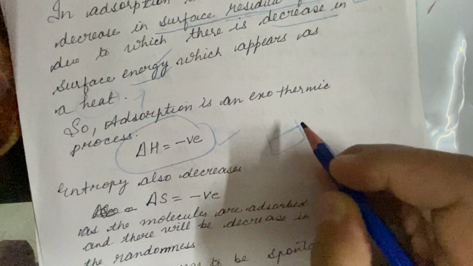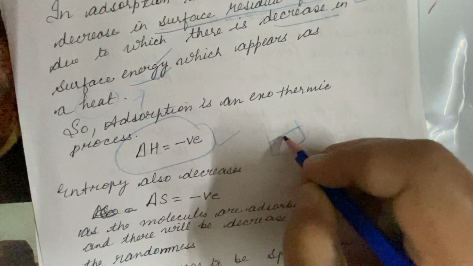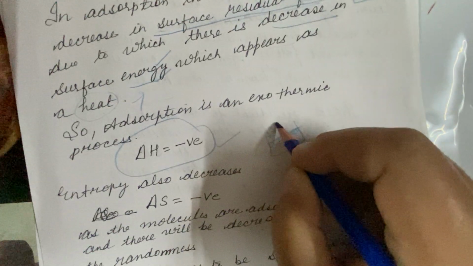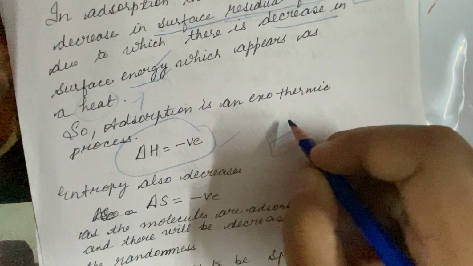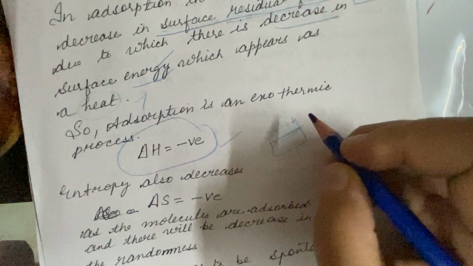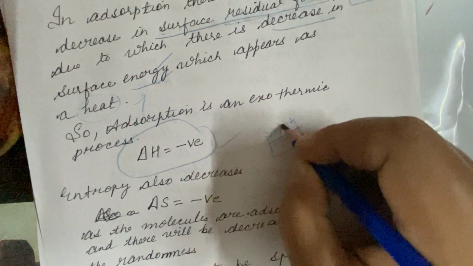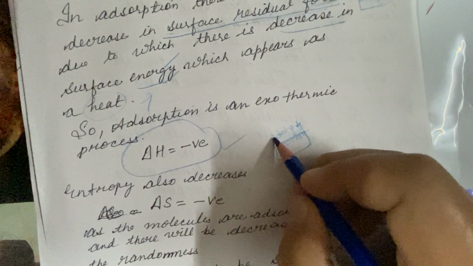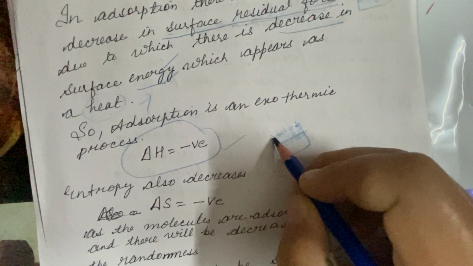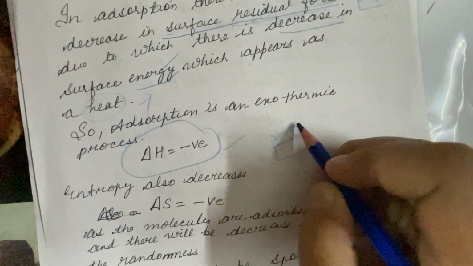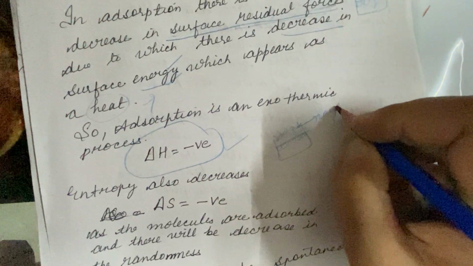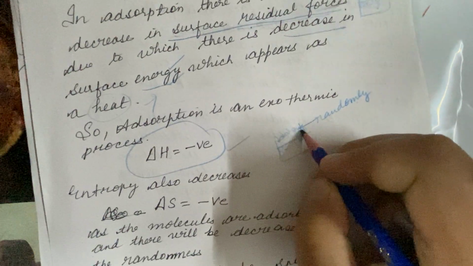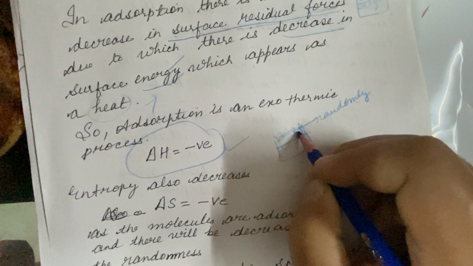And now what is going on? Here we have the surface. The molecules present on the surface are attracting the molecules of the adsorbate towards itself. It means the particles of the adsorbate, which were moving randomly above the surface, get adsorbed on the adsorbent.